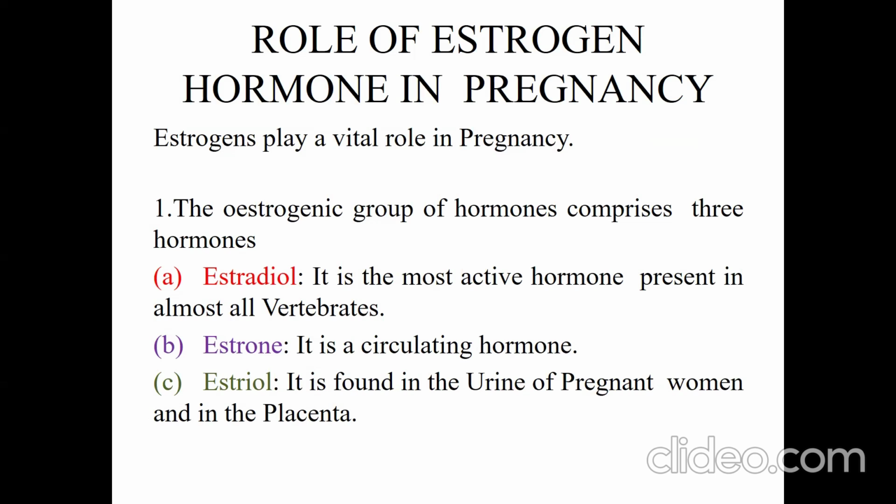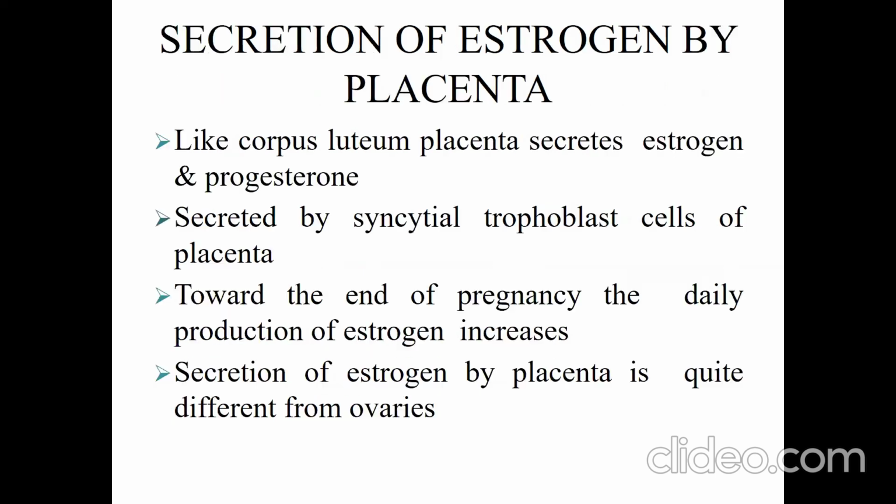Estrone is the circulating hormone which gets circulated in the bloodstream. And estriol is found in the urine of pregnant women and in the placenta. Only during pregnancy is the estriol hormone found, in urine as well as in the placenta.